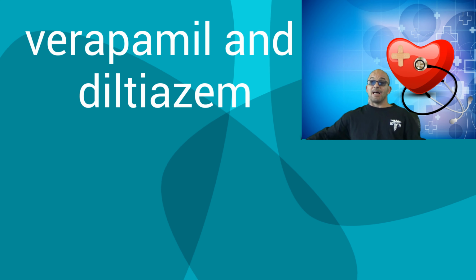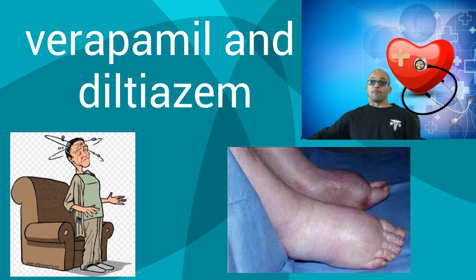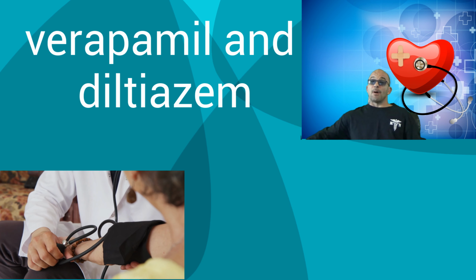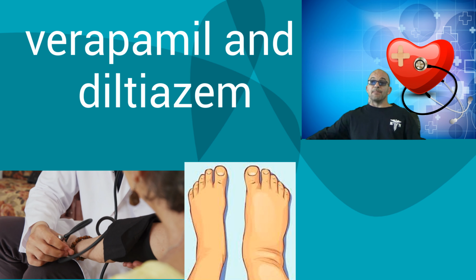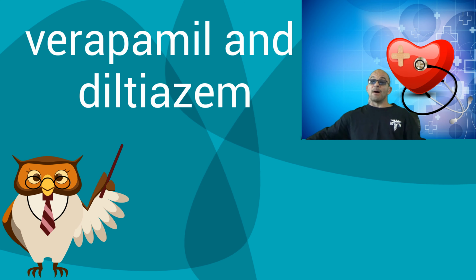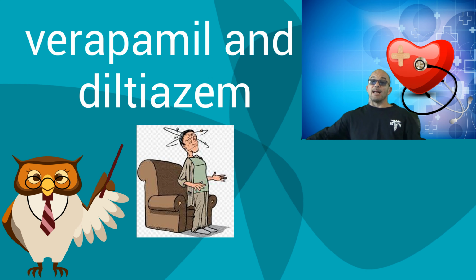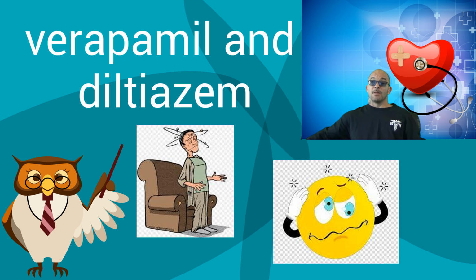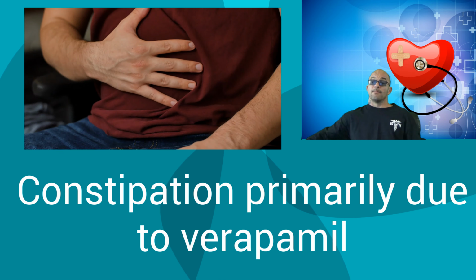Verapamil and diltiazem can cause orthostatic hypotension and peripheral edema. We must monitor blood pressure, observe for swelling to detect edema, and perform daily weights. Teach the client about signs of postural hypotension, which include lightheadedness and dizziness. If this occurs, instruct them to sit or lie down.